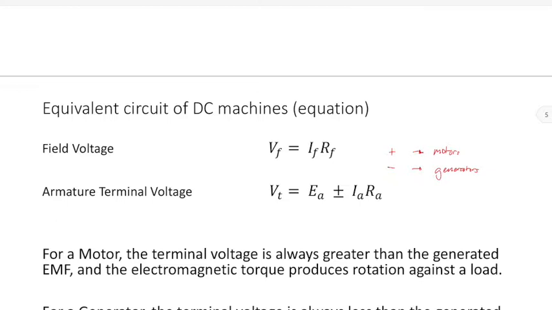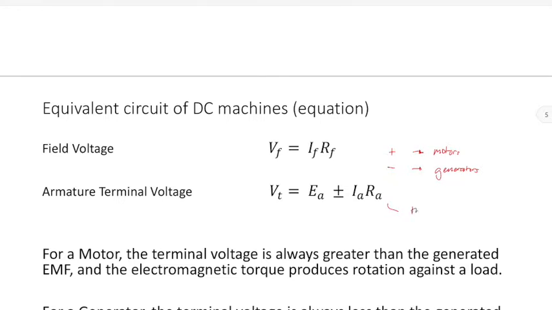So that's the difference: for a generator, the EA that is generated is still greater than the terminal voltage. It is because the IARA voltage drop is deducted there.